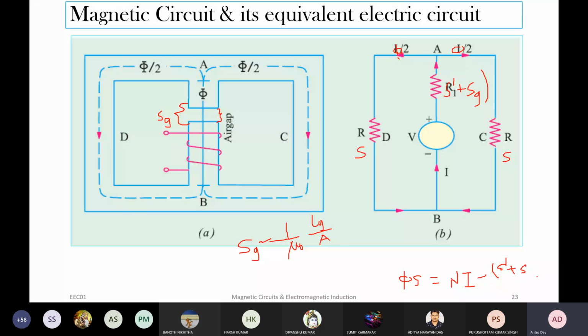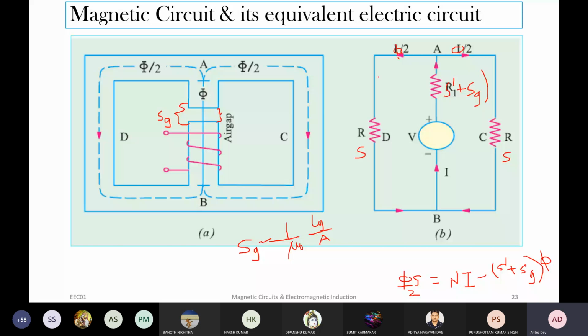So S dash plus Sg into phi equal to phi by 2 into S. Like the way you solve for the electrical circuit, we find out I by 2 if we have to find out, or if it is I1, if it is I2, I1 into R is equal to V minus I into R1. The same way you have to solve the magnetic circuit, the way you solve a pure resistive circuit. Okay.